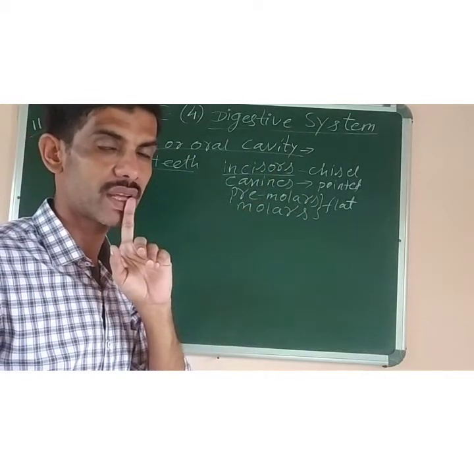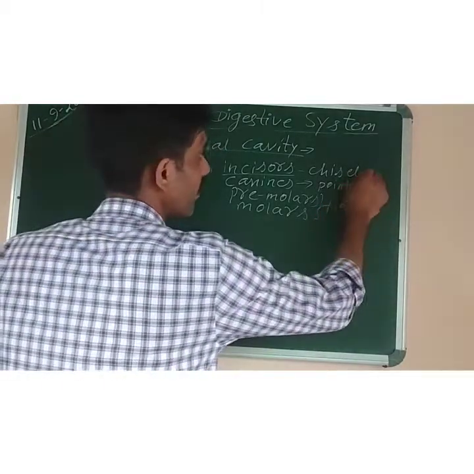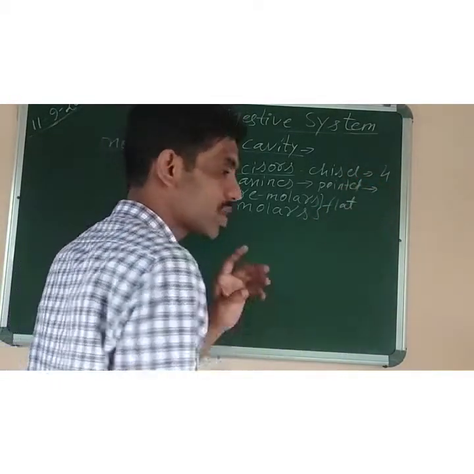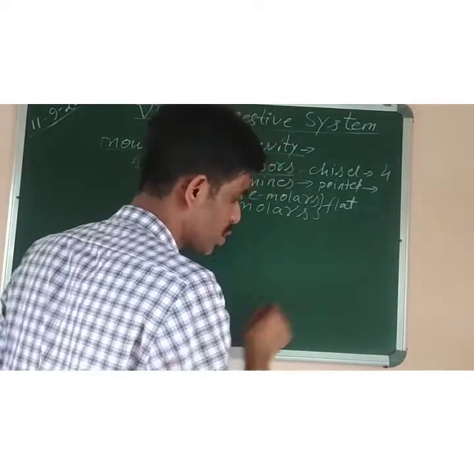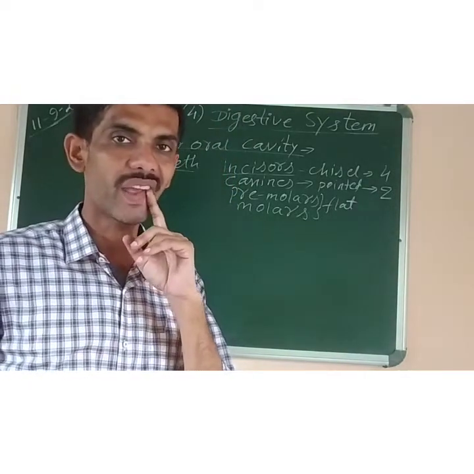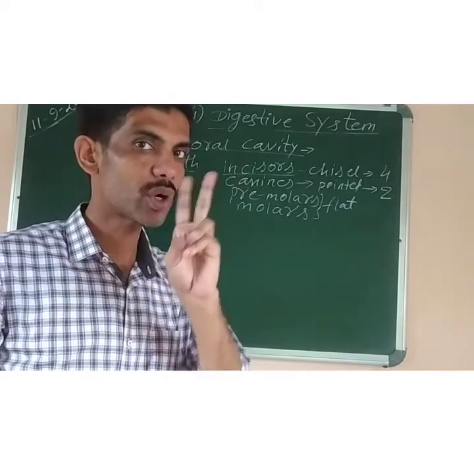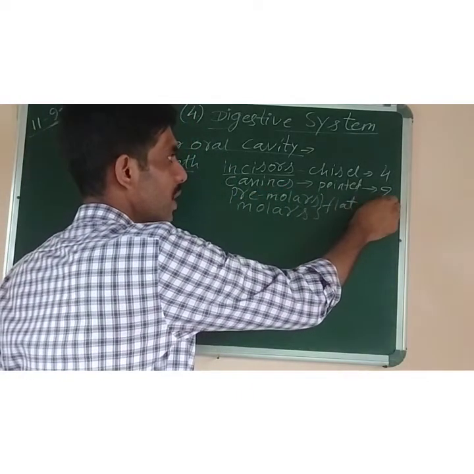They are present in the upper as well as the lower jaw. In each jaw they are 4 in number, which means 2 on either side. Canines are present at the corners, 1 on this side, 1 on this side. So the upper jaw has 2 canines, the lower jaw also has 2 canines. So a total of 4 canines will be there.